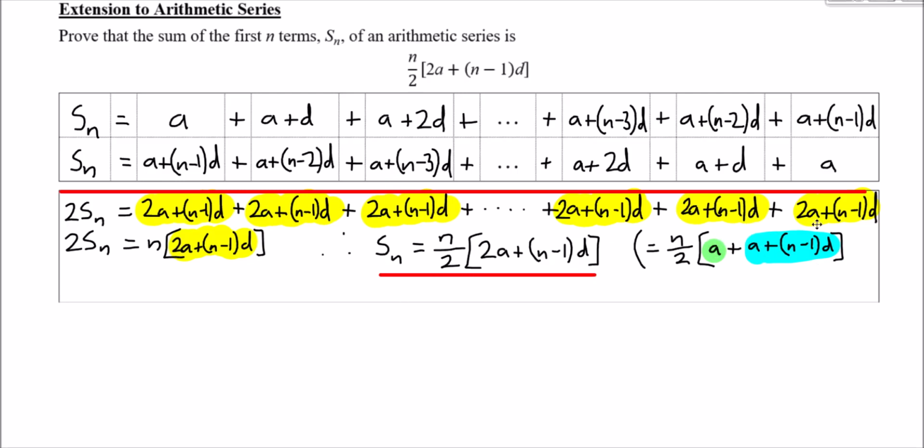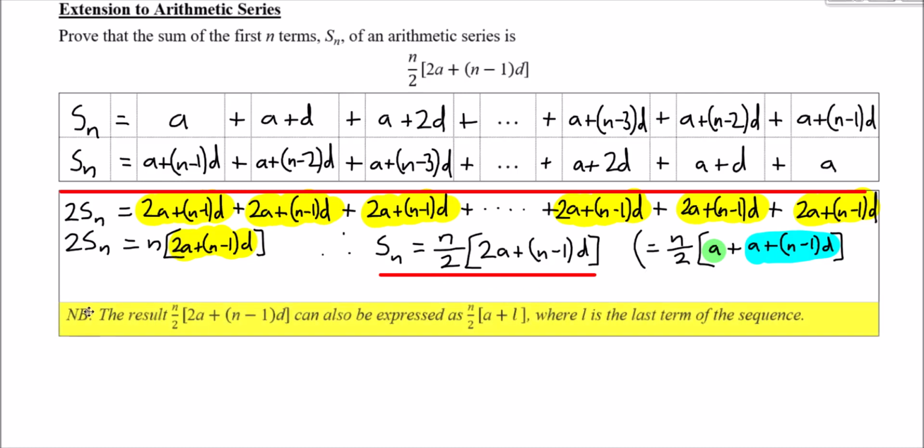So if we just simplify this here and call it L for last, we can say this result here of n over 2, 2a plus n minus 1 lots of d, can be expressed as n over 2, a plus L, where a is the first term and L stands for the last. And that's a much neater form of this result, although generally speaking, this first result, although harder to look at, a bit more awkward, is more versatile.